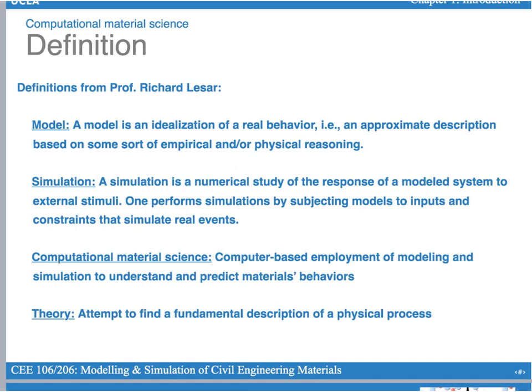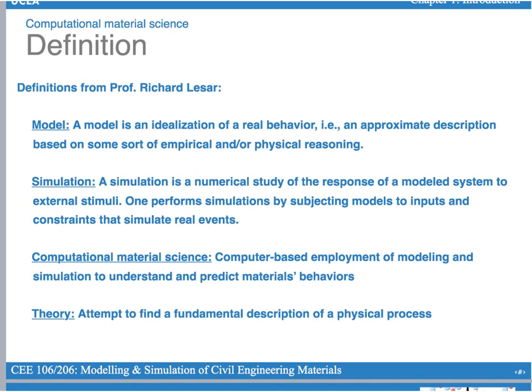So you are building a model that is an approximation of a real behavior, with some level of assumption, some level of approximation, based on existing data or on existing physical or chemical knowledge about the type of problem that you are trying to solve.